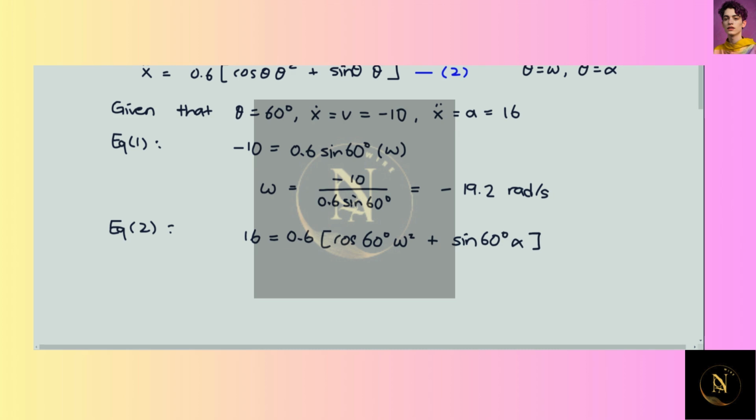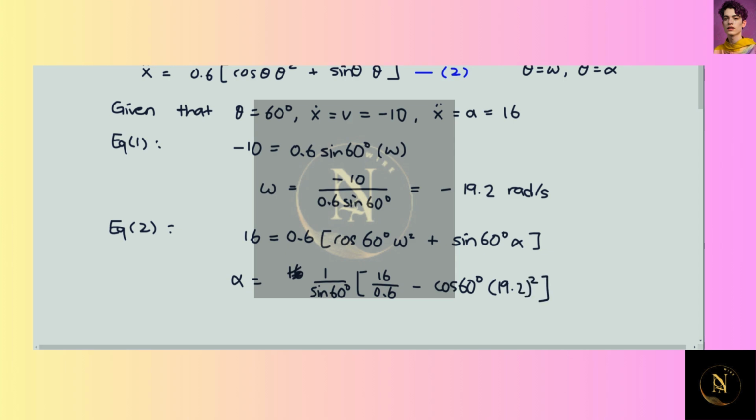So alpha will just be 1 over sine 60 degrees times 16 divided by 0.6 minus cosine 60 degrees times 19.2 square.